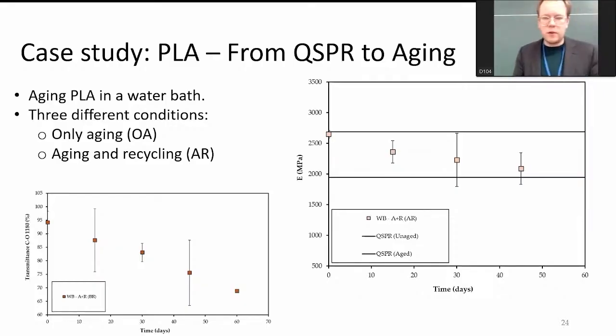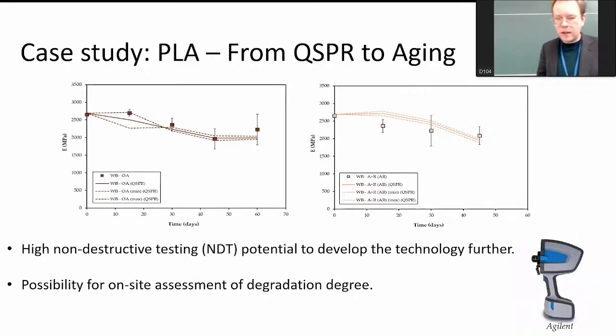So, for example, this is the kind of results that we obtained. The FTIR data over time of aging of PLA in water is on the left, and then when we feed it to the QSPR, we're able to obtain the modulus. And this one was compared with the experimental, so it was validated. And the validation was looking something like that.